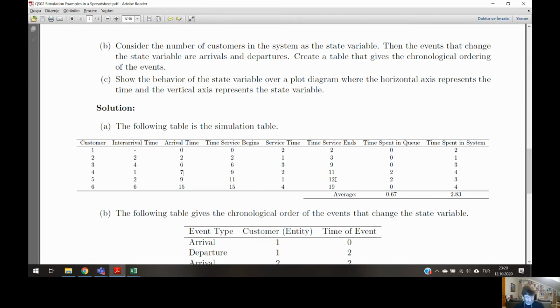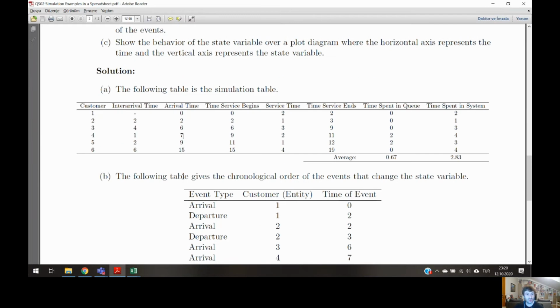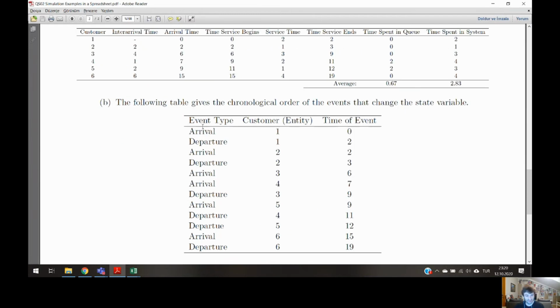So according to these values, we are going to create the chronological ordering of these events, and we will say that at time 0, we will observe an arrival, which is the first customer. By the way, the customers are the entities of this system. They are the objects of interest, moving through the system.